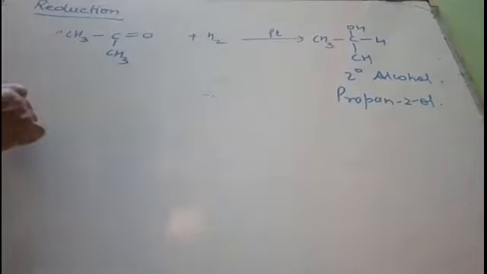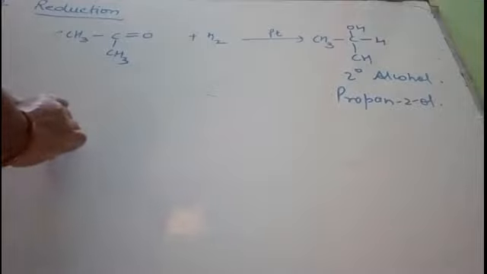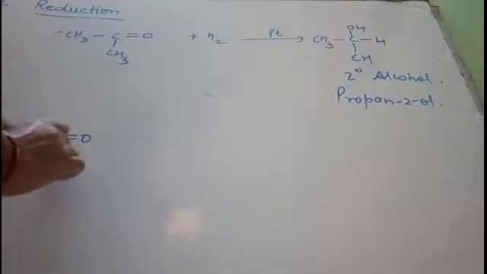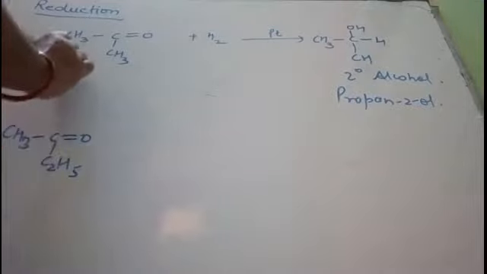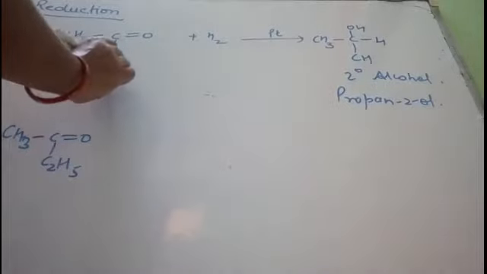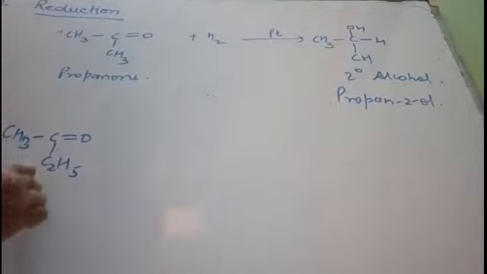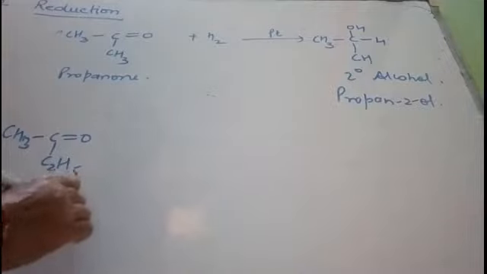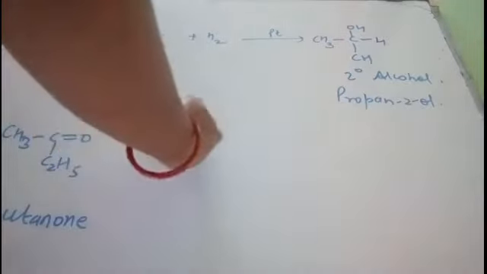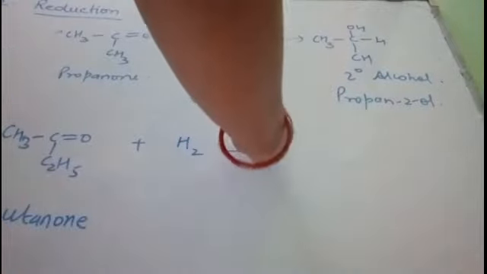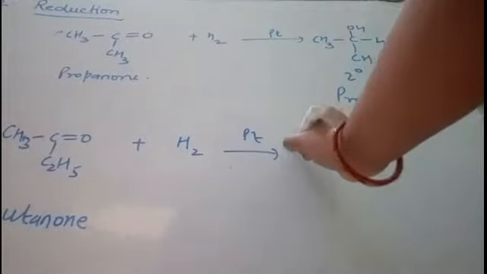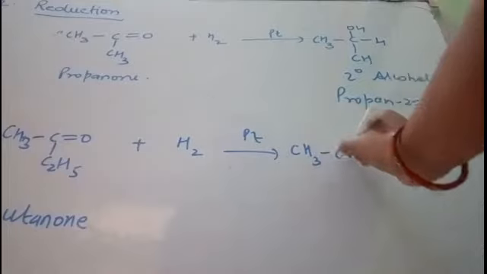You can take any other example also. Suppose you have, this is propanone, commonly known as acetone. This is butanone. Similarly, when it is reduced, we get butane-2-ol.